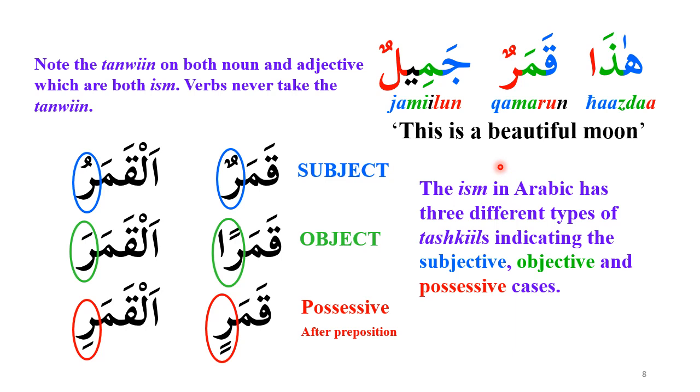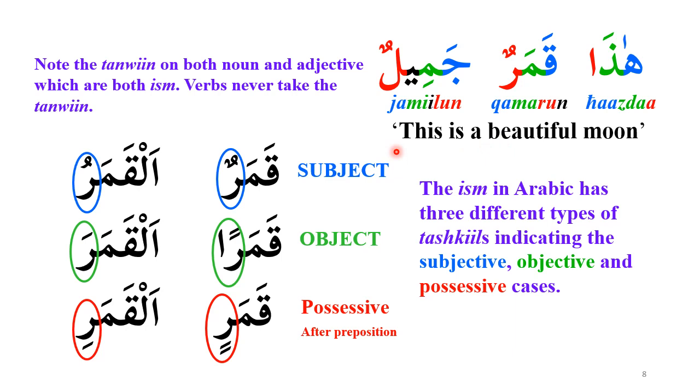Now this thing called tanwin is present only in ism and is not present in fi'al or harf. So this is very specific for the ism. This is a marker for ism, and it has 3 different kinds of tashkil, indicating the subjective, objective, and possessive cases, which is clearly shown here.